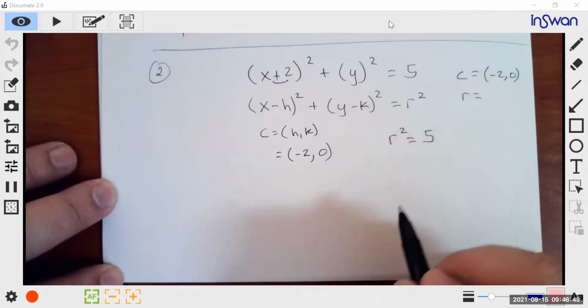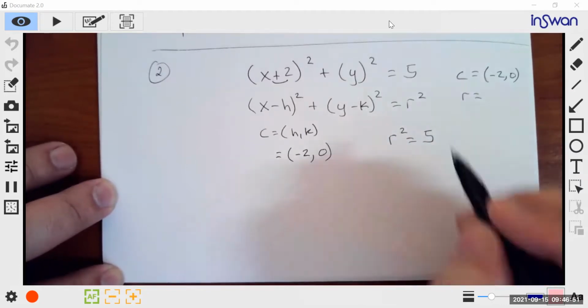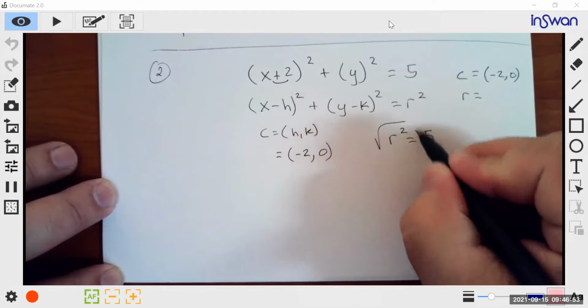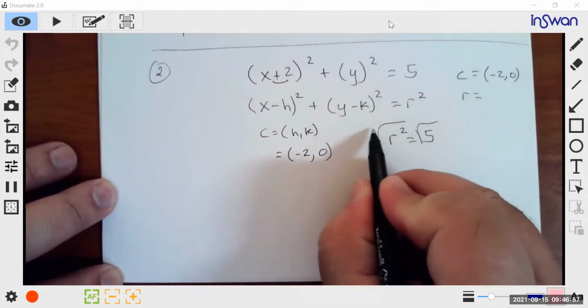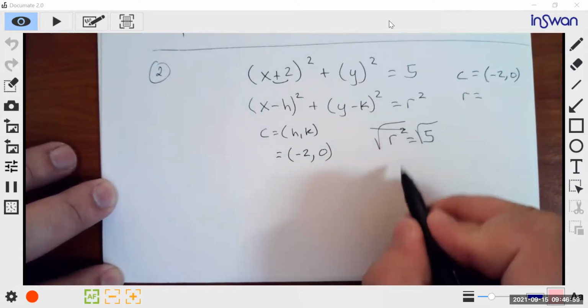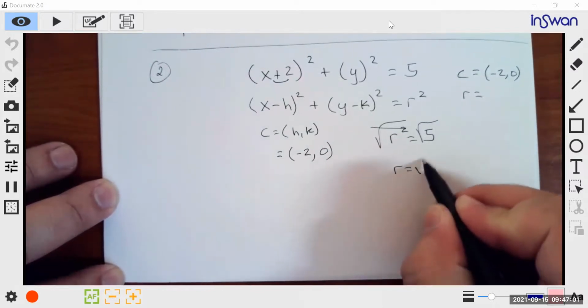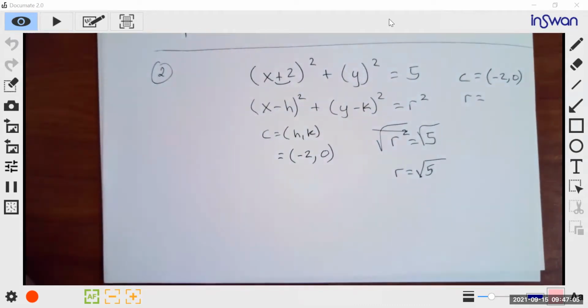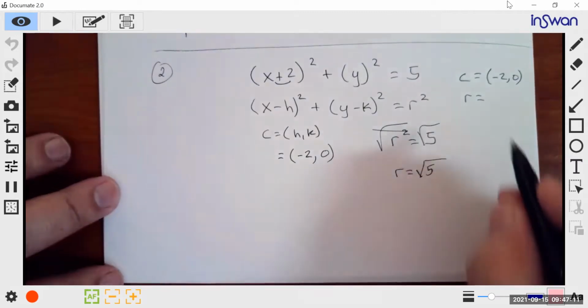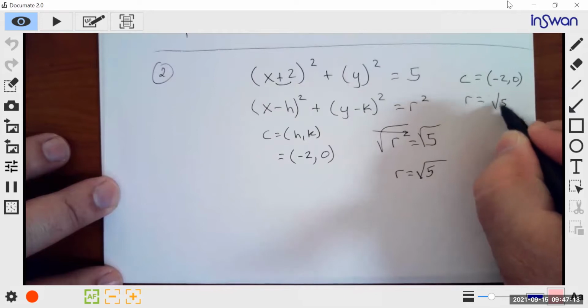How do we get rid of the square? The opposite direction. The square root gets rid of the square. So it's the square root of 5. So the radius is the square root of 5.